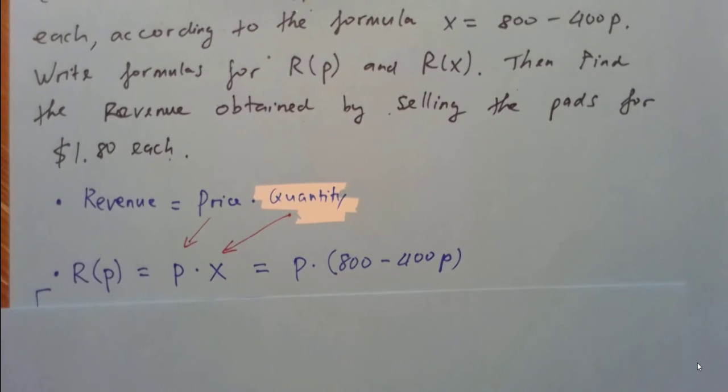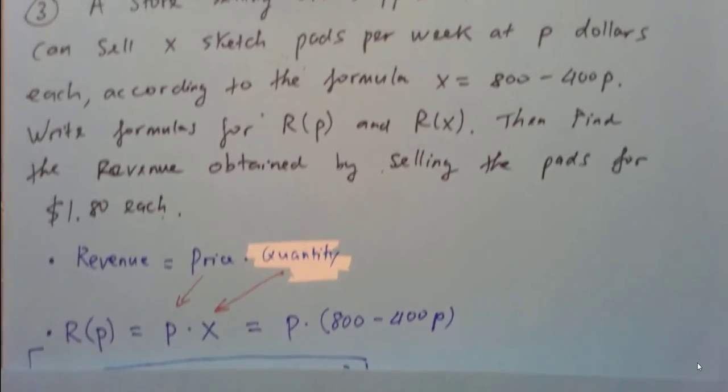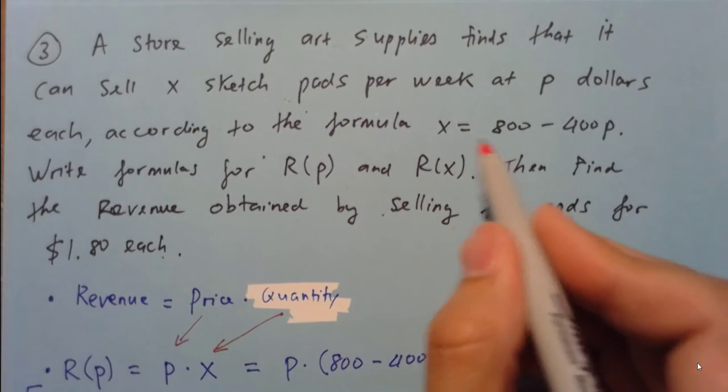Okay, we are finding the revenue equation in terms of P. That means everything here should be written in terms of P. P is already in terms of P, so we are good. But for the X, we need the X to be in terms of P. Go back to the given problem.